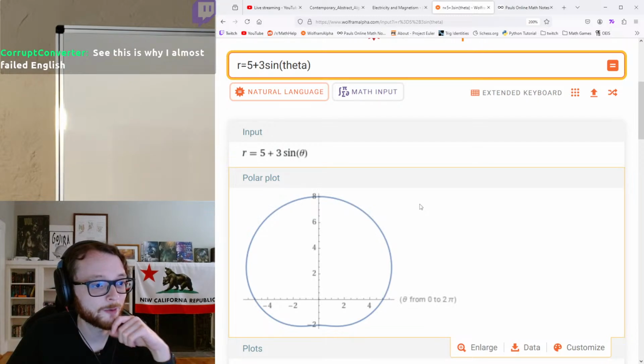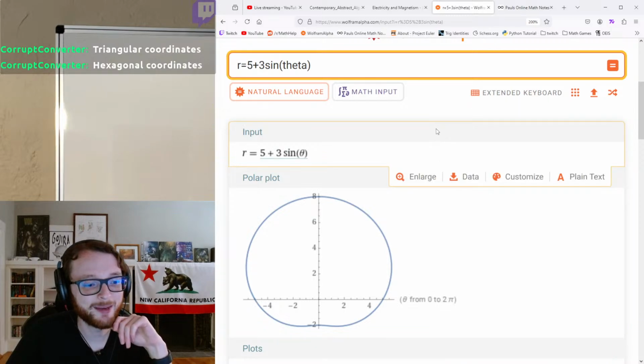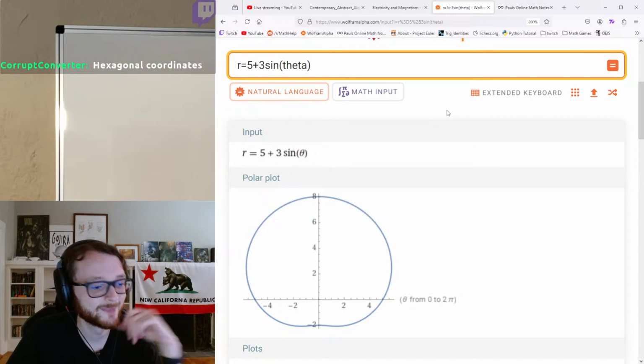You do have to do calculus with them, but you don't necessarily have to visualize it. I don't know if triangular or hexagonal coordinates would be a thing, but I've just been talking about changes of variables in general.